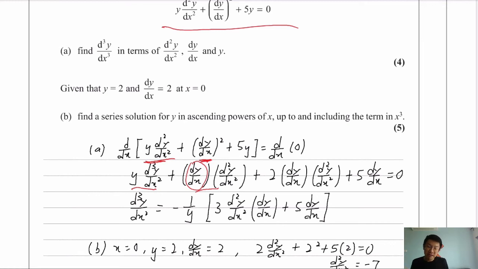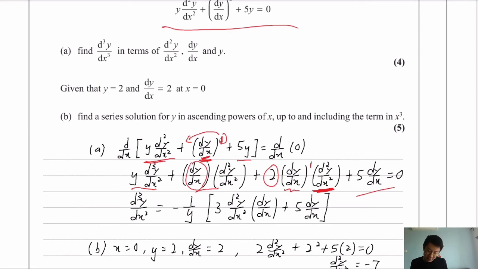We move down the power, so that we get a 2. Then dy dx only has a power 1. We need to multiply that by differentiating whatever is inside the bracket, which is dy dx. Differentiating that, we get d squared y dx squared. And 5y, differentiating, we get 5 dy dx.